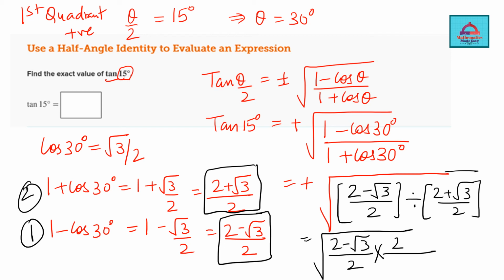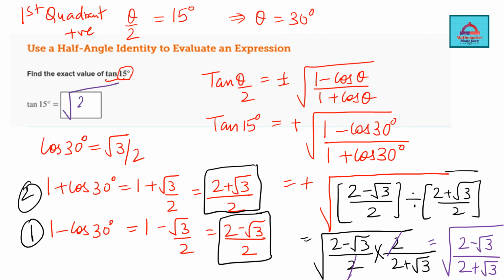So you take the reciprocal and some terms cancel. 2 cancels. So the final answer will be square root of 2 minus root 3 over 2 plus root 3. Now you may convert this fraction into decimal also to get your answer, or otherwise you may just leave it like that. Your tan 15 finally comes out to be in fraction form, this value.